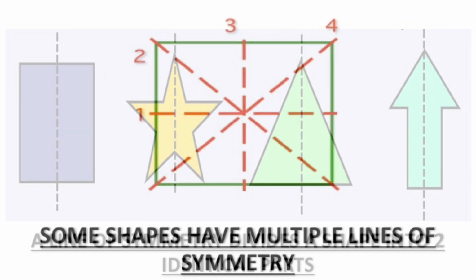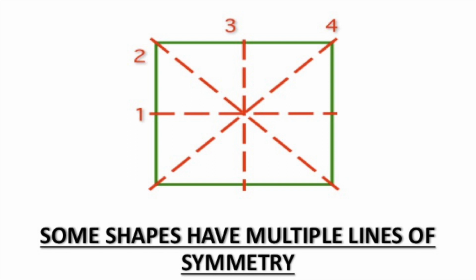Very good. Some shapes have multiple lines of symmetry. What does multiple mean? More than one. See? What shape do we have here? 4 sides, 4 corners. Square.